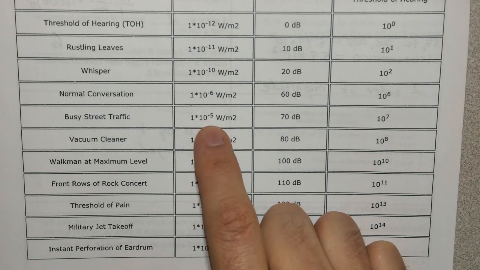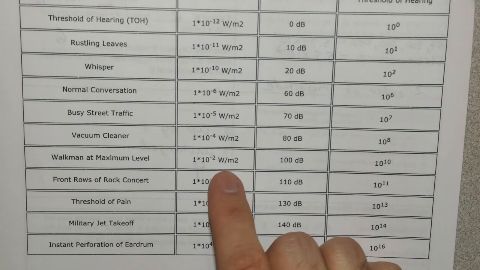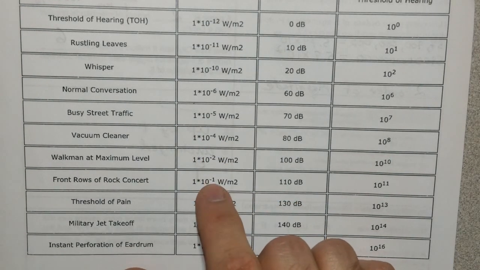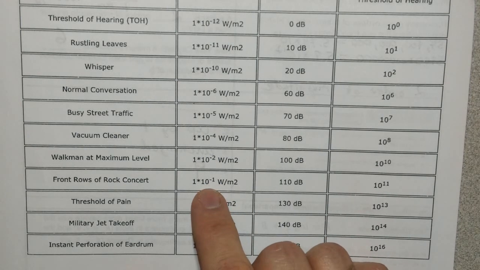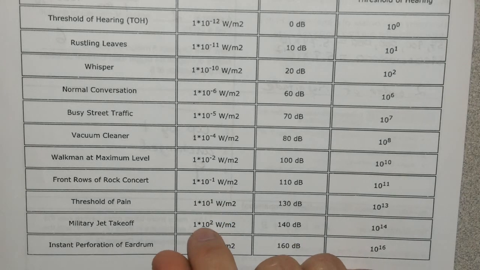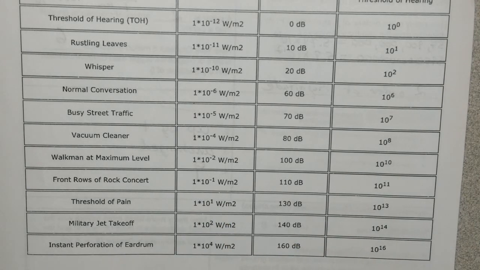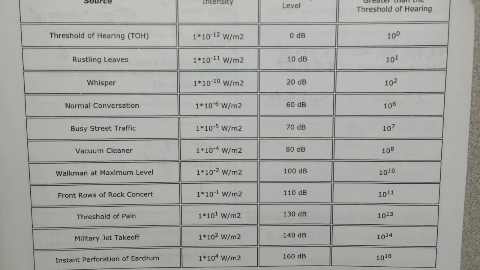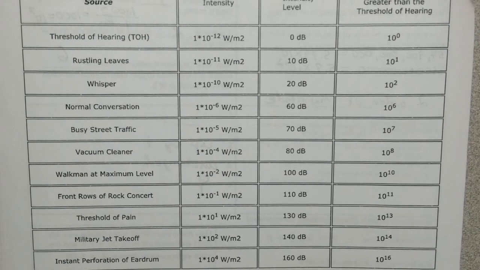And if you multiply that by 10 and then by 10 again, eventually you've got 1 over 100 and then 1 over 10, and then 1 over 10 times 10, which is just 10. And then you just keep going. All right.